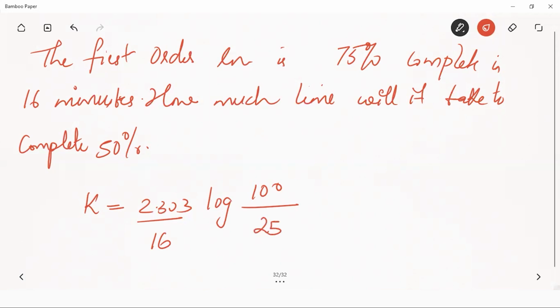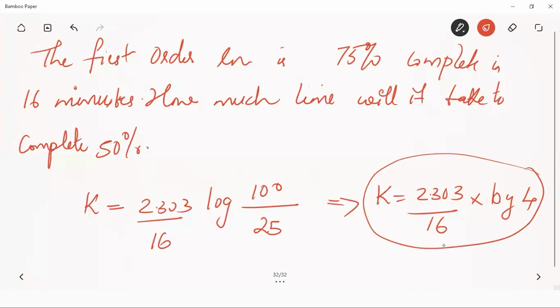So we'll be getting log 4. So K is equal to 2.303 by 16 times log 4. So you get the value of K, right? Using this value of K, you can find how much time it will take to complete 50 percentage.